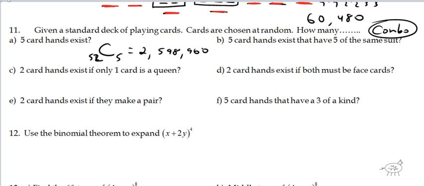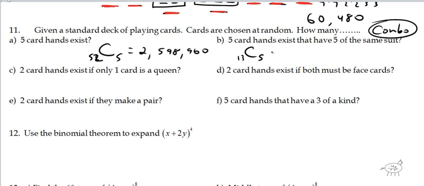Okay. How many 5-card hands exist that have 5 of the same suit? All right, so let's think of a diamond. How many cards in a diamond? There are 13 cards. You can say 52 divided by 4 is 13. So 13 diamonds, and I'm picking 5 of those. Or 13 hearts, or 13 spades, or 13 clubs.